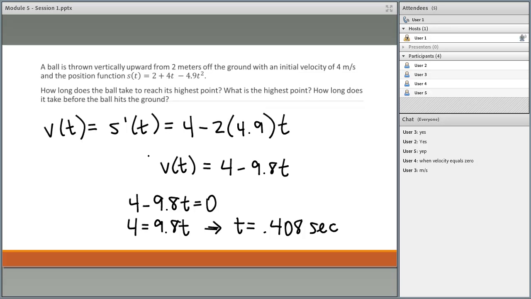So this doesn't tell us the highest point, but it does tell us when the ball is at the highest point, or how many seconds after the ball is thrown it's at the highest point. So what can I do with this to figure out what the value of the highest point is? Well, I know s of t. That tells me the position of the ball at any given time. So what I need to do is plug in 0.408 for t, because that's when it's at its highest point, and that will give me the value of the highest point.